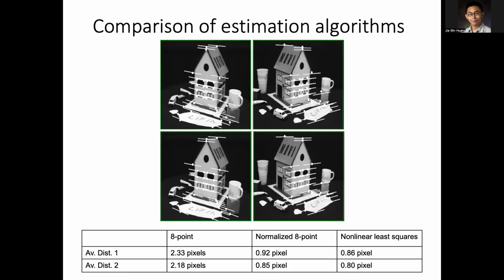Once you get an initial solution, you can treat the actual rotation and translation parameters as free parameters and directly optimize them with nonlinear least squares. Then you get more accurate results. But usually the normalized 8-point algorithm works pretty well.